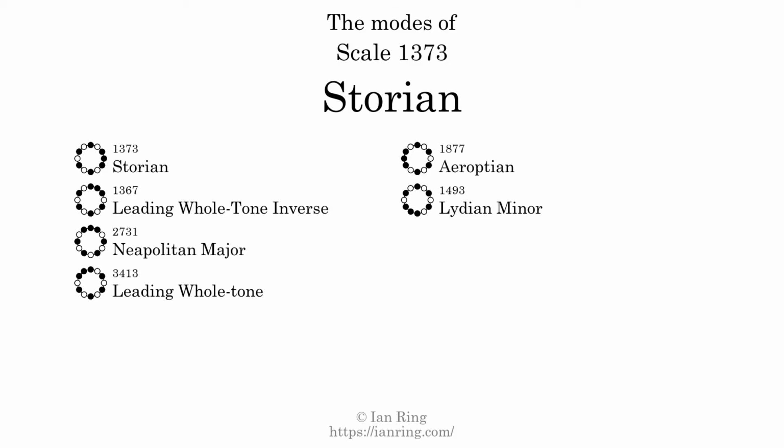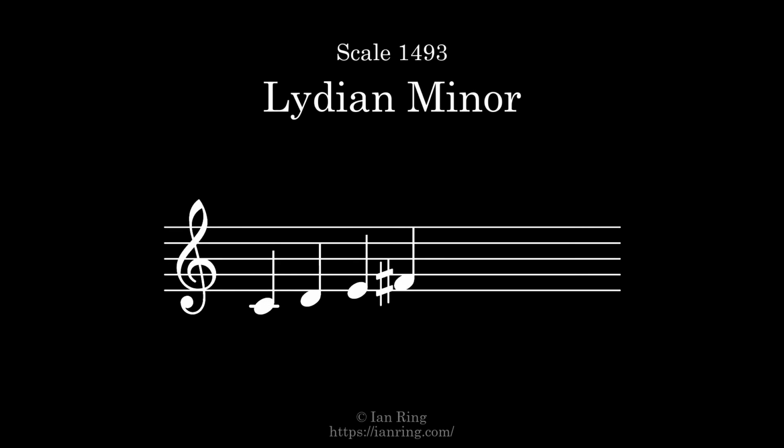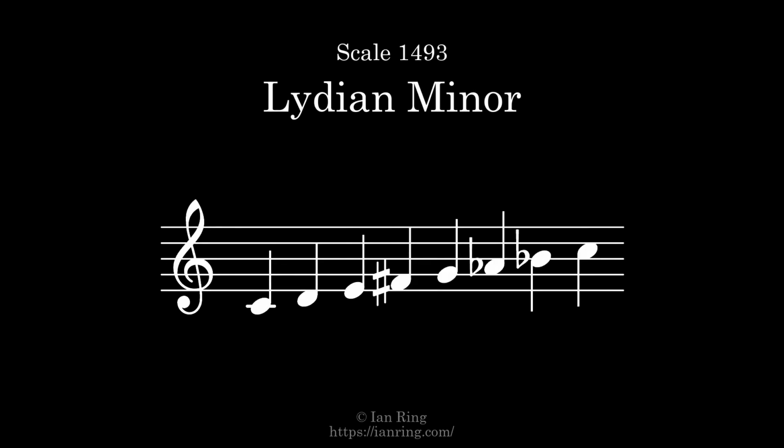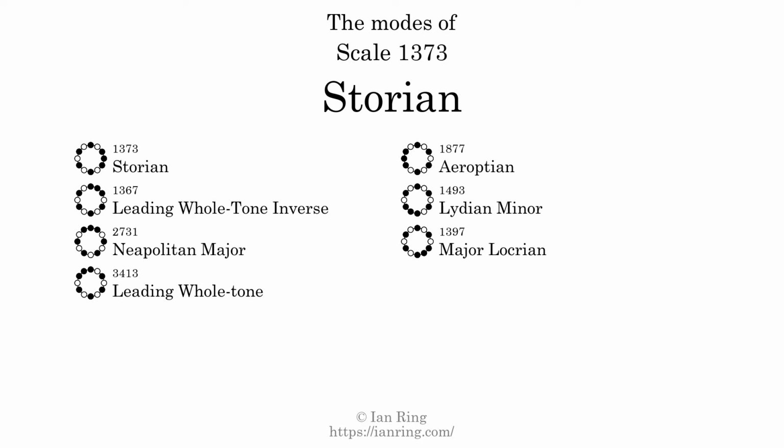The sixth mode is scale 1493, also known as Lydian minor. It sounds like this. The seventh and last mode is scale 1397, also known as major Locrian. It sounds like this.